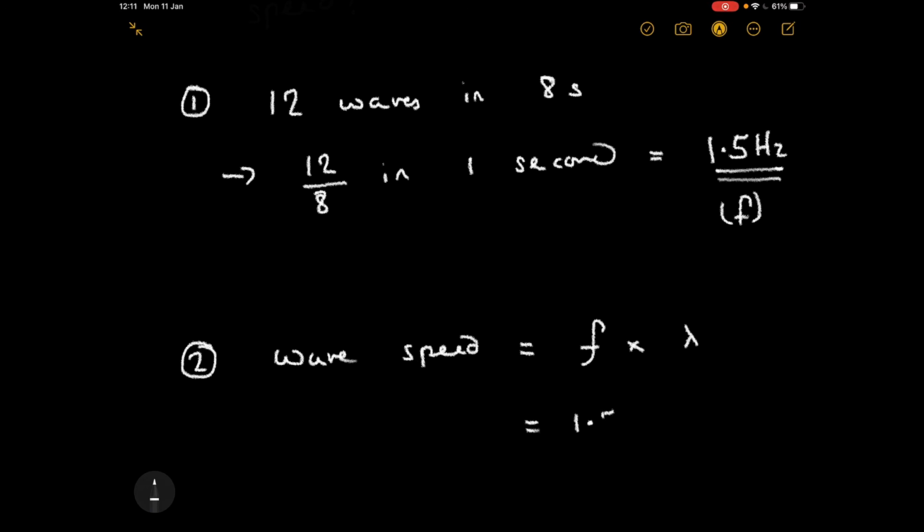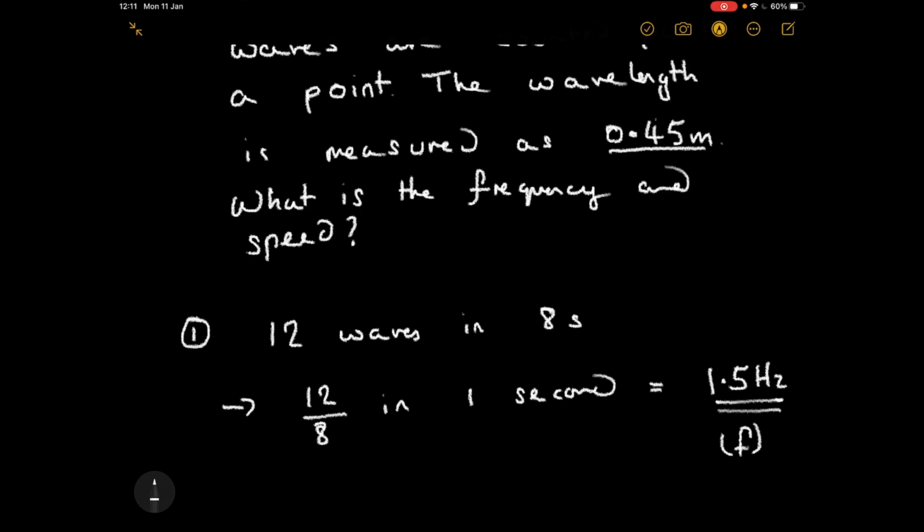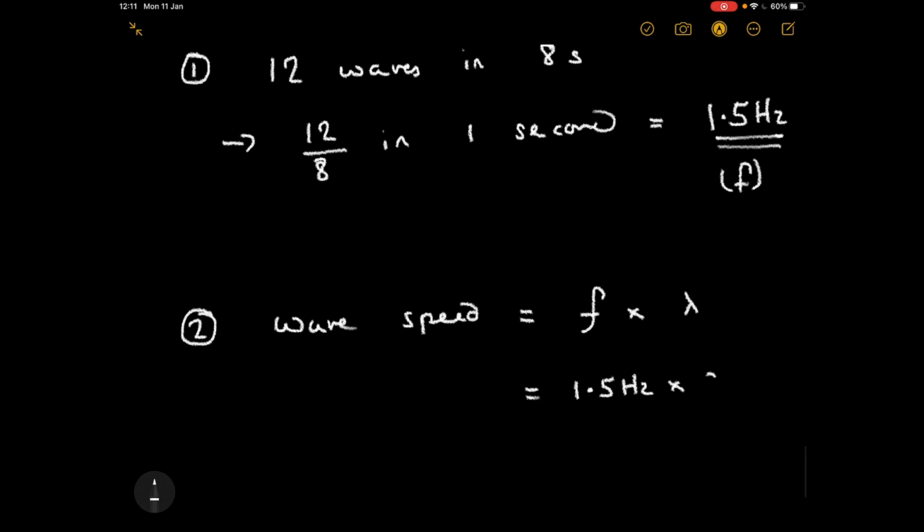So we've got the frequency in hertz, and in this case, we've got a wavelength of 0.45 meters, which is 0.675 meters per second.